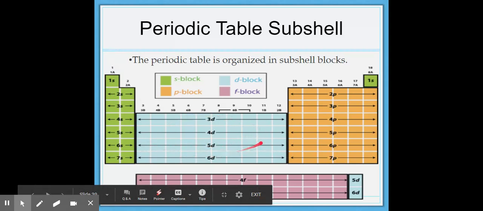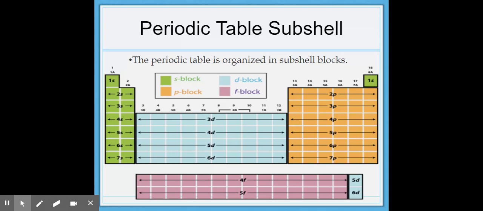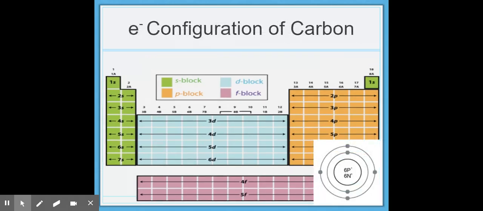This is the d block, this is the p block, and down here is the f block. We'll go into more about what that means later. But we can use this organization to help us write electron configurations.